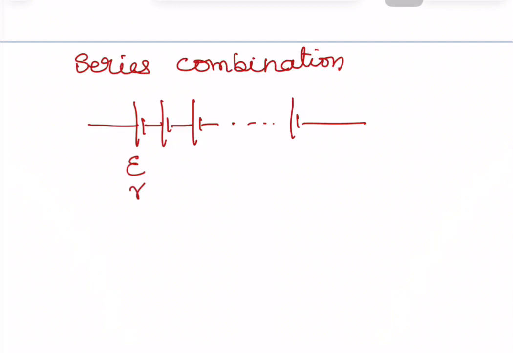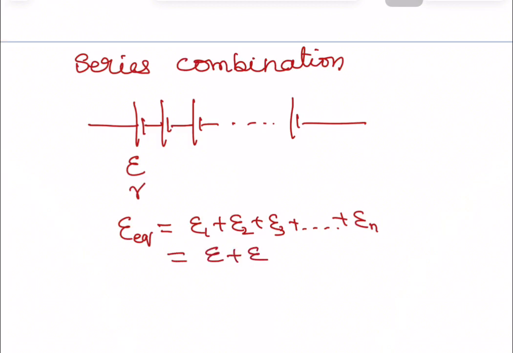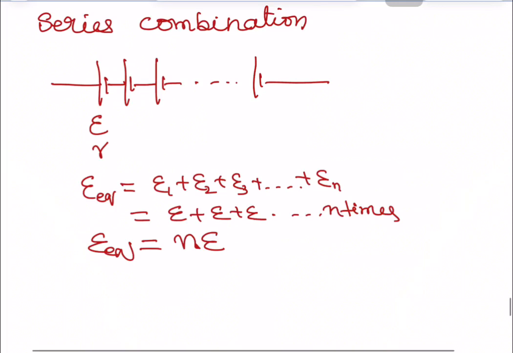Then what is the expression for the equivalent EMF? While doing the derivation of the series combination, we found that the total EMF is equal to the sum of the individual EMFs. If all of them are the same, you can just add n times, so E equivalent is equal to n times the EMF of a single cell.